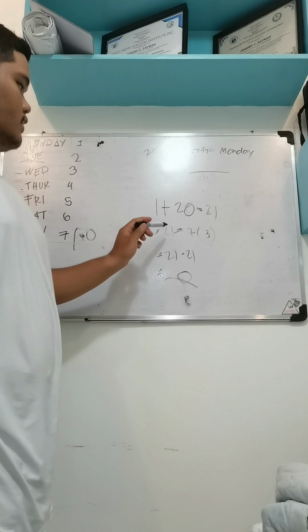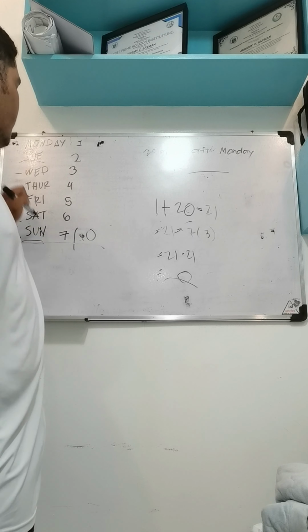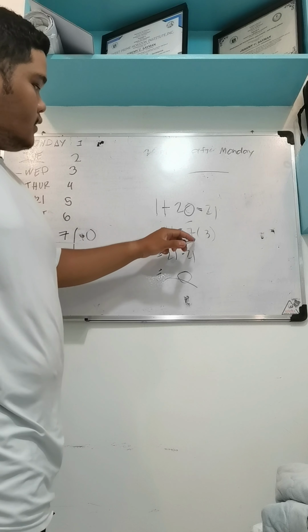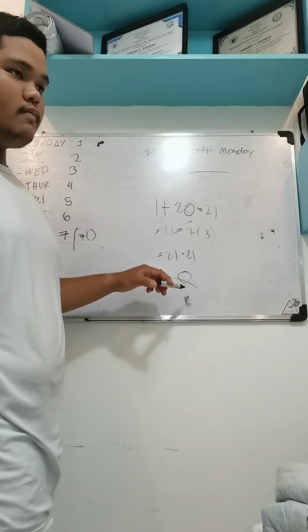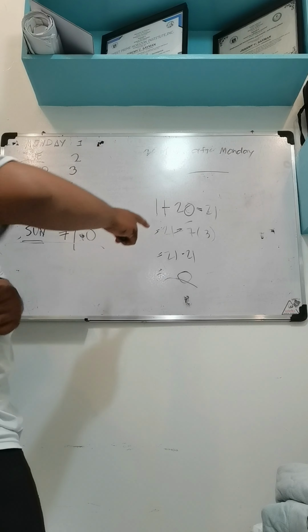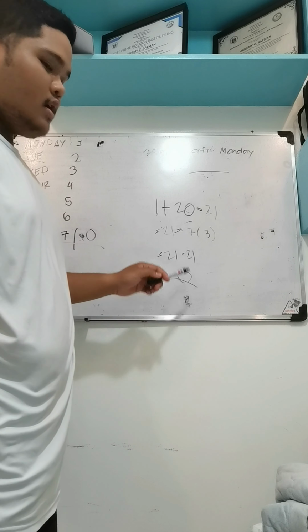So 7 is the total number of days in a week, and 3 is the number we can use from 21, or kumbaga, how many 7s 21 has. So it's 3. So we have 21 minus 21.